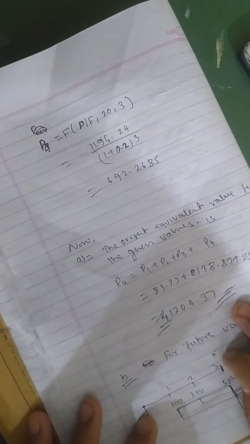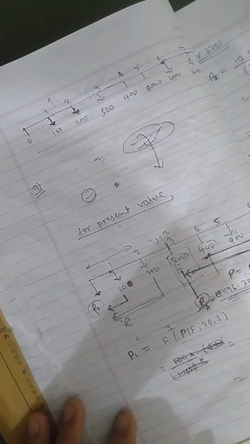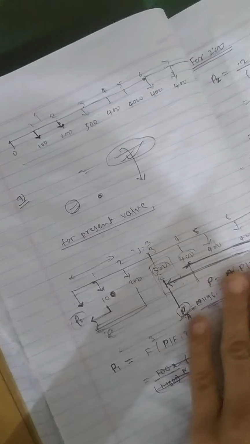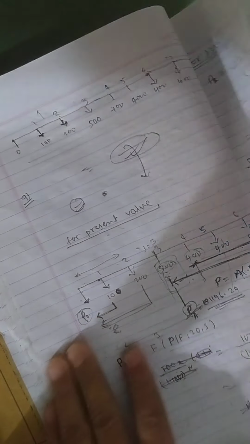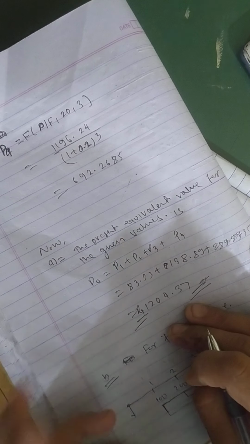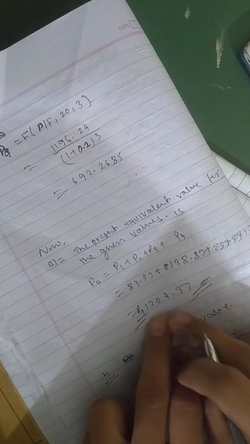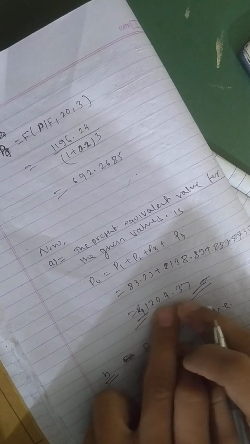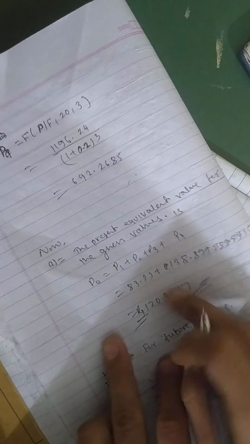Now in the previous lecture I already told you what the present value is which gives the same result as this value. In part A we found out that the present value which will give the same result is 1204.37.